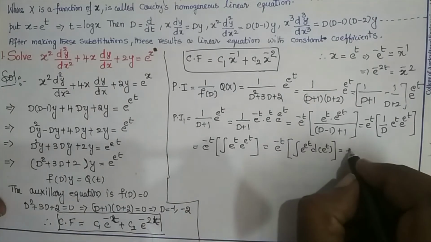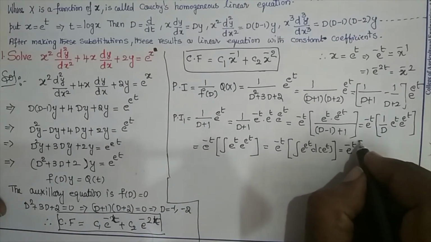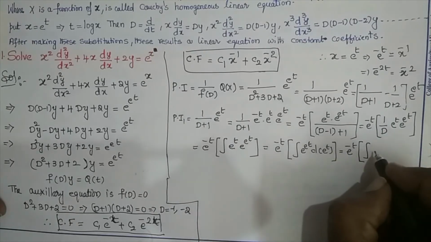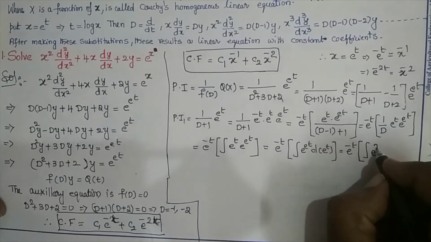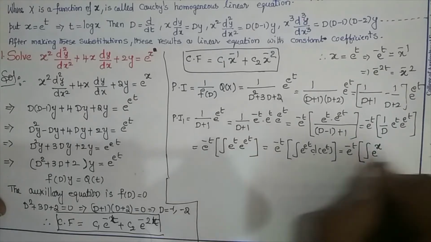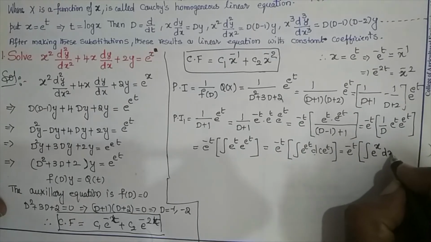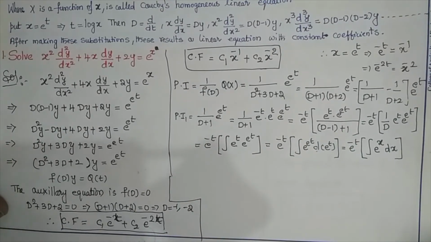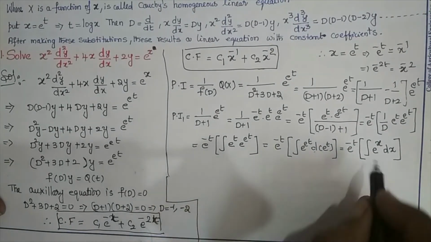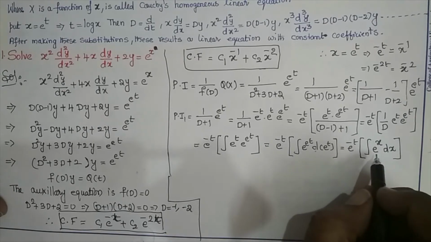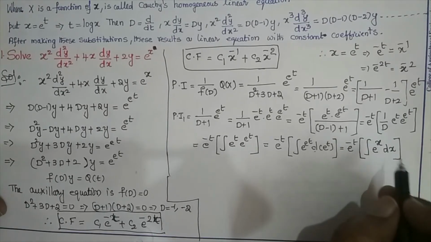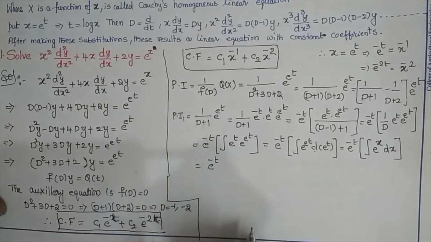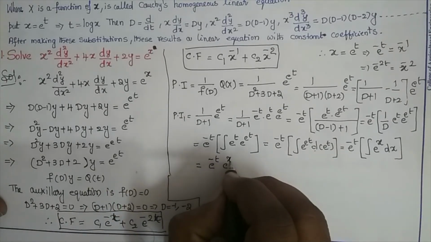Let us substitute e^(-t) as it is. e^t can be written as x. Differentiation of e^t is nothing but dx. So it can be converted to a direct integral. So integral e^x dx is e^x, which is equal to e^(-t) e^x.